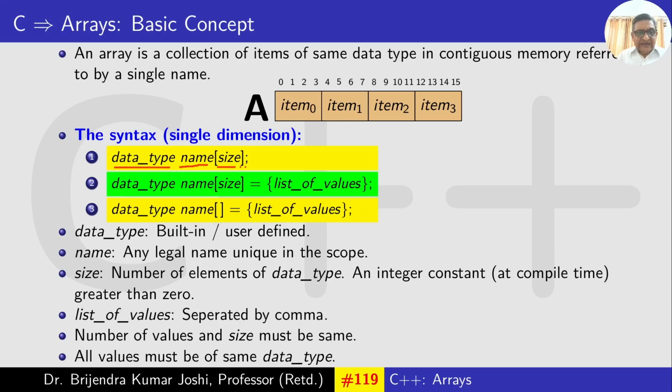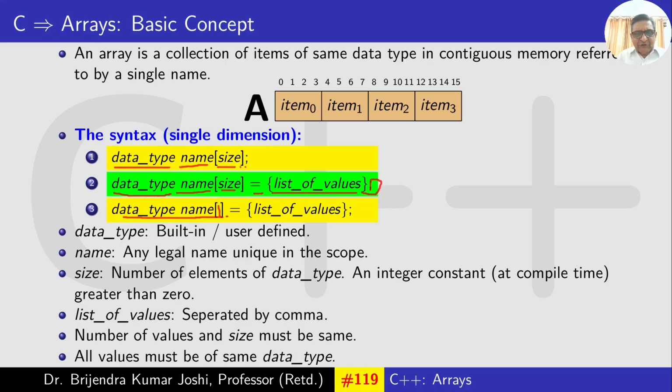In the next type of syntax, data type, name, size in opening and closing brackets here, then the assignment operator, opening brace and here closing brace, followed by semicolon, and between these two braces a list of values separated by commas. The third one is data type, name, square brackets with nothing in between.